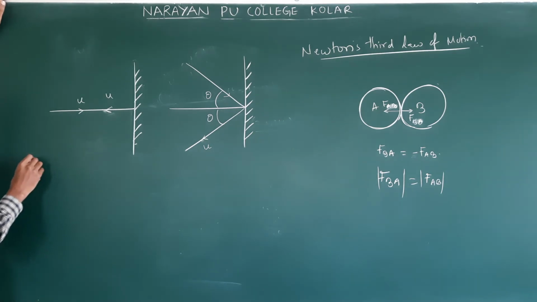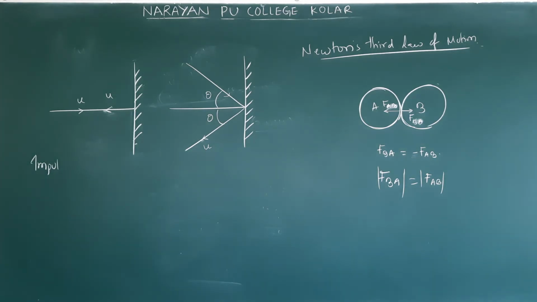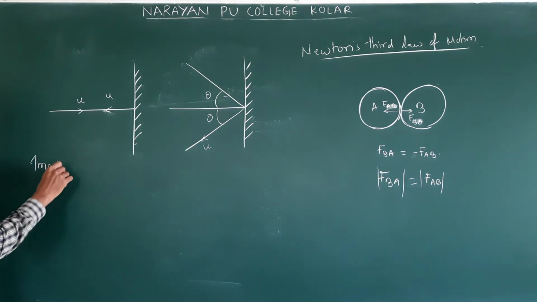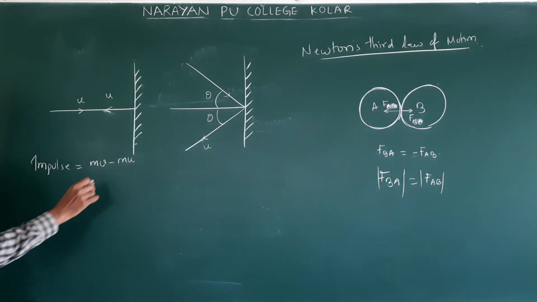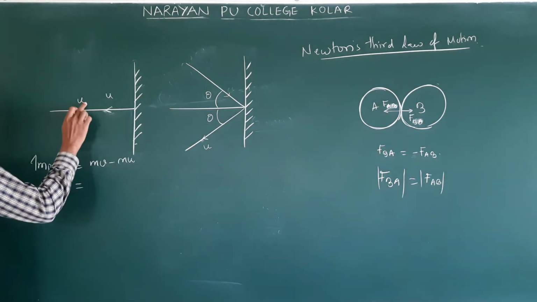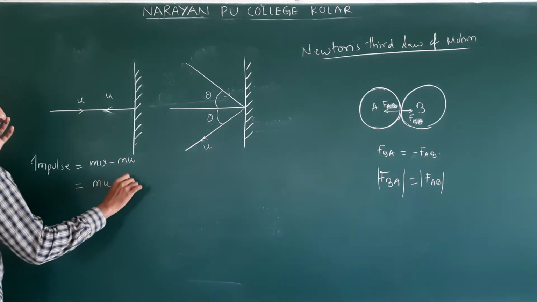What is the momentum formula? Impulse. It is the change in momentum. First case, the direction of the force. Okay, right. Impulse, first case I am writing. What is our formula? mv minus mu. Right? But in both cases, initial velocity and final velocity are the same. So I can write mu minus mu.